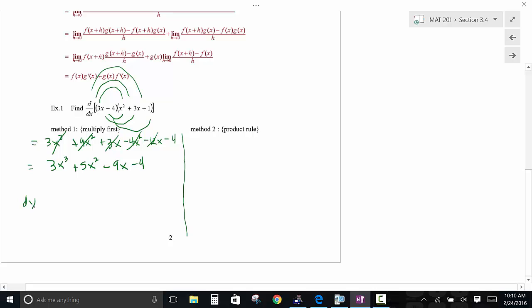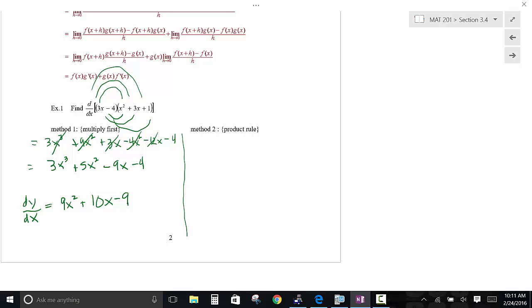Generally, if you're using Leibniz notation, you write the answer like this: it's the derivative of y with respect to x. So in your head, what's the derivative? 9x squared plus 10x minus 9, by using the power rule. So that should be the derivative. That's the standard way that I taught you how to do this in the last section today.